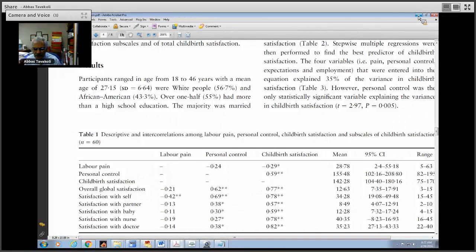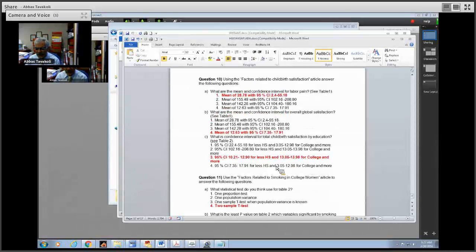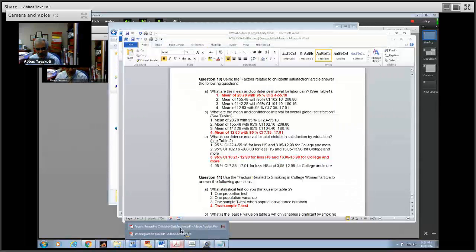Question 10, the answer was, again, looking at the article, the mean was 28, the confidence interval was 2.4 and 55.18. For the overall global satisfaction, it was 12.63 with 7.35.